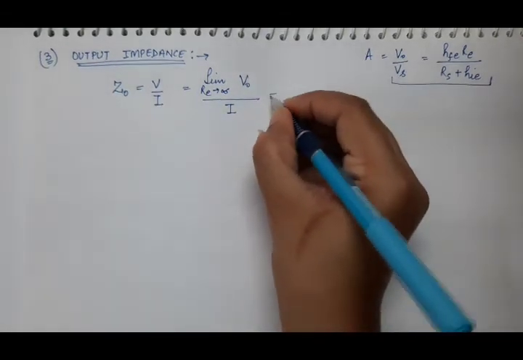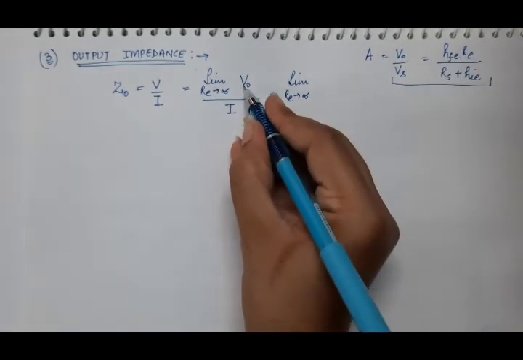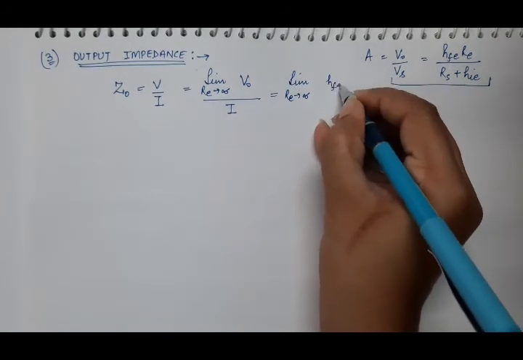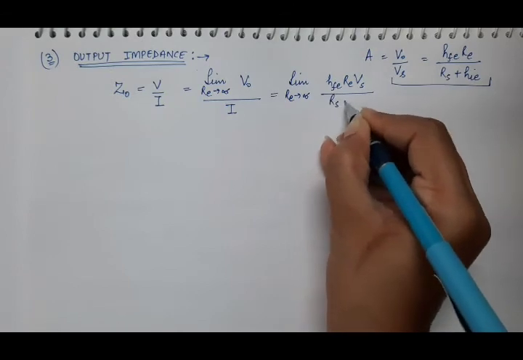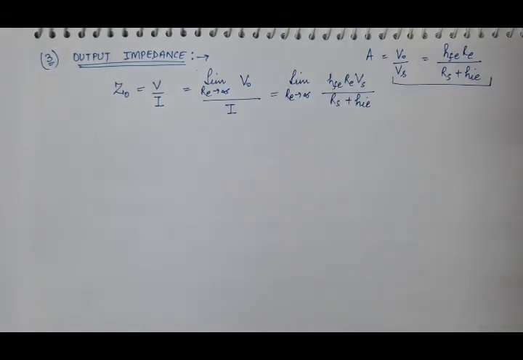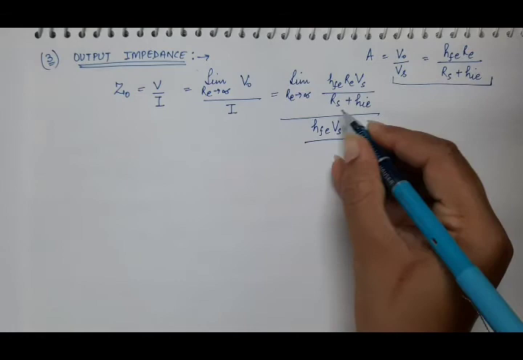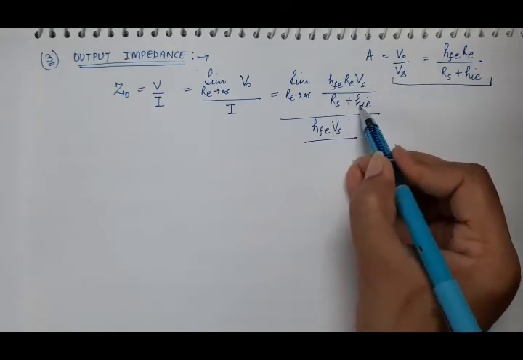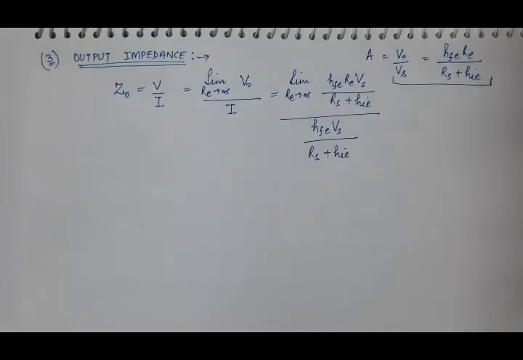So V0 is HFE RE Vs upon Rs plus HIE. And what is the value of I? I is HFE Vs upon Rs plus HIE. This is the current flowing through RE.